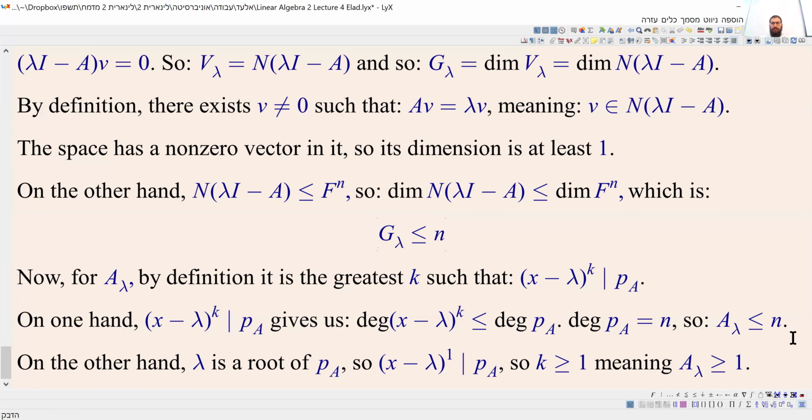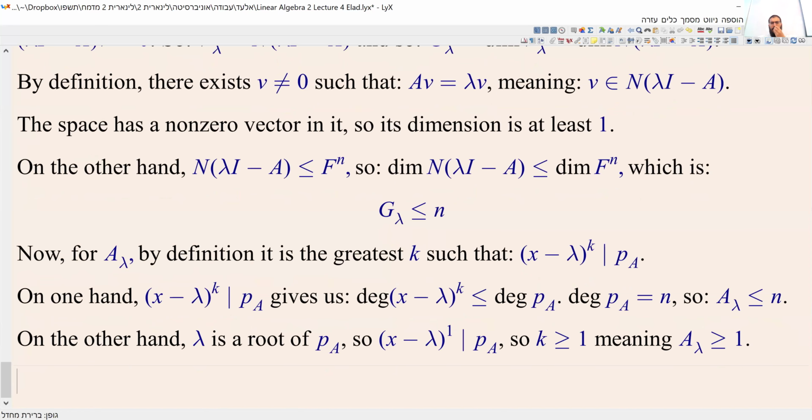And here it is A lambda, everything is good. Any questions?